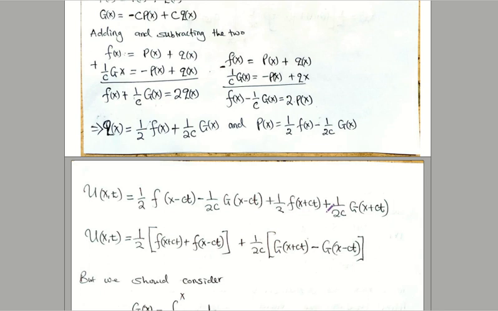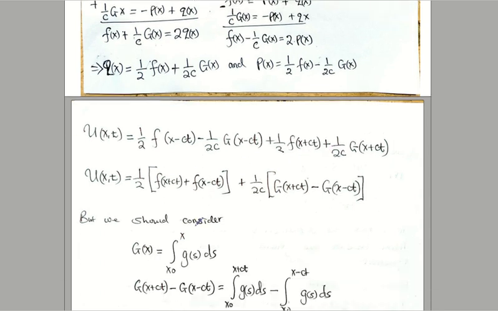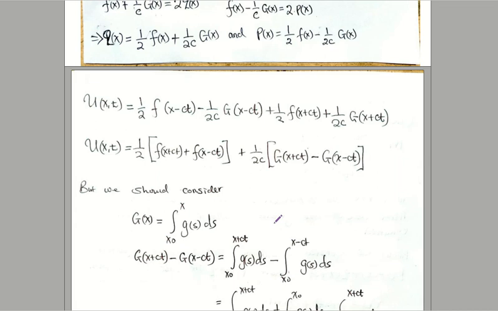Now, we can put the like terms together such that we have u(x,t) equal to a half of f(x plus ct) plus f(x minus ct), plus 1 over 2c times capital G(x plus ct) minus G(x minus ct).